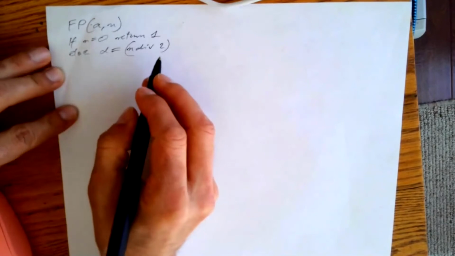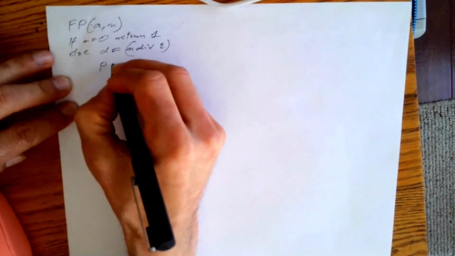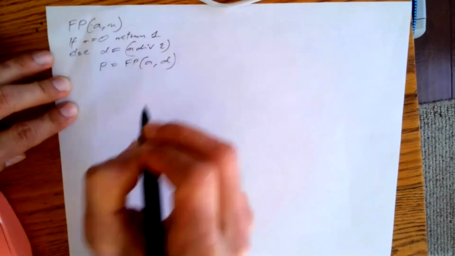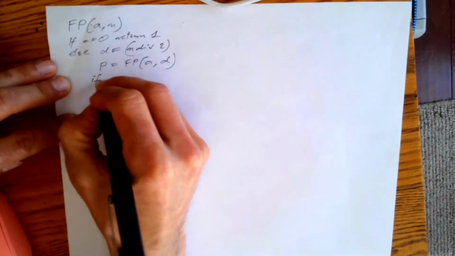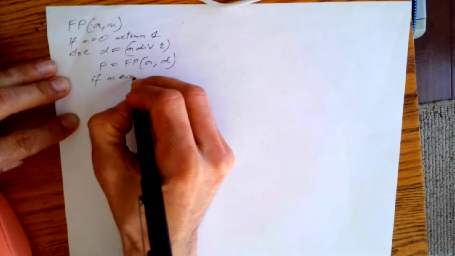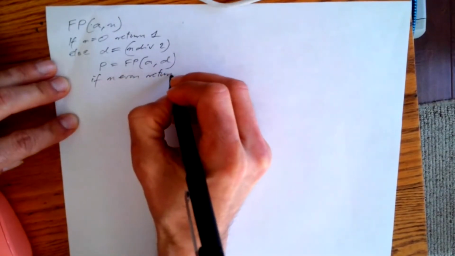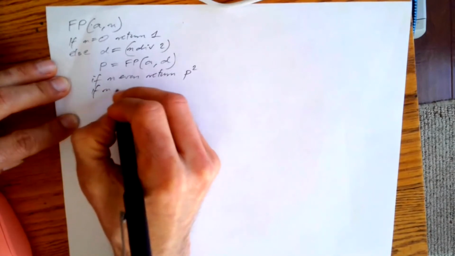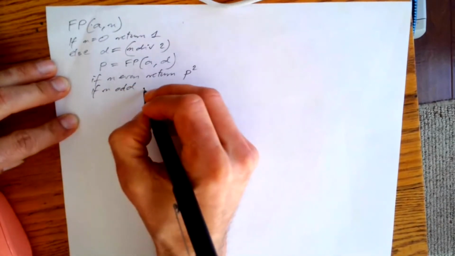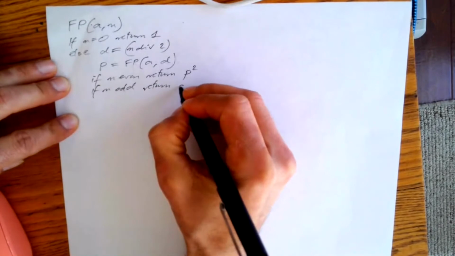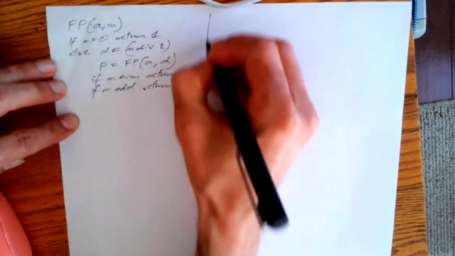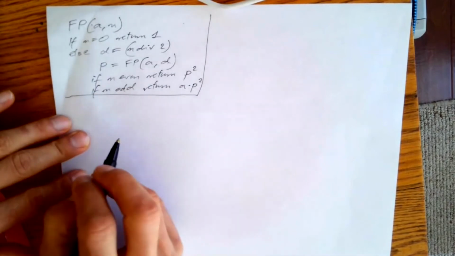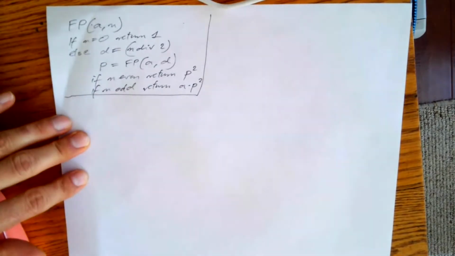Okay, so just integer division. Set p to be FastPower of a and d. And then if n is even, return p squared, and if n is odd, return a times p squared. Okay, so that was that, and it computes powers correctly.